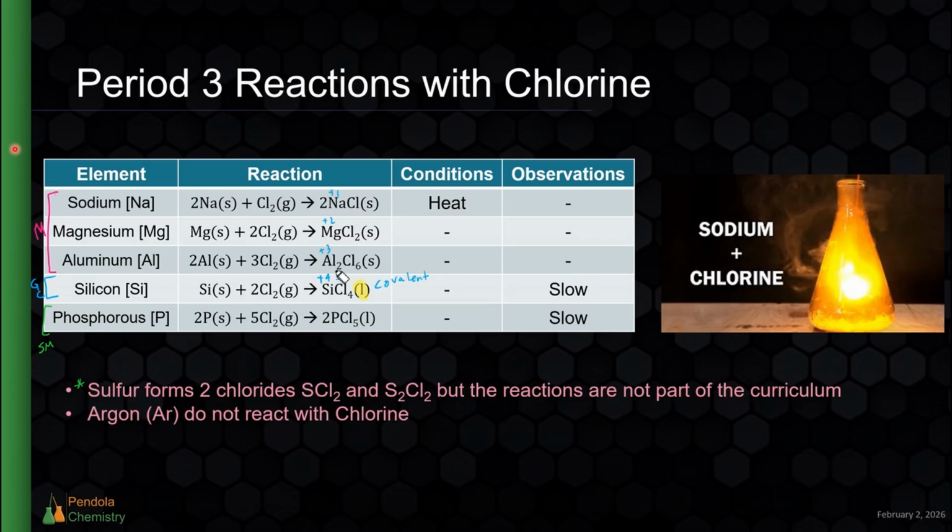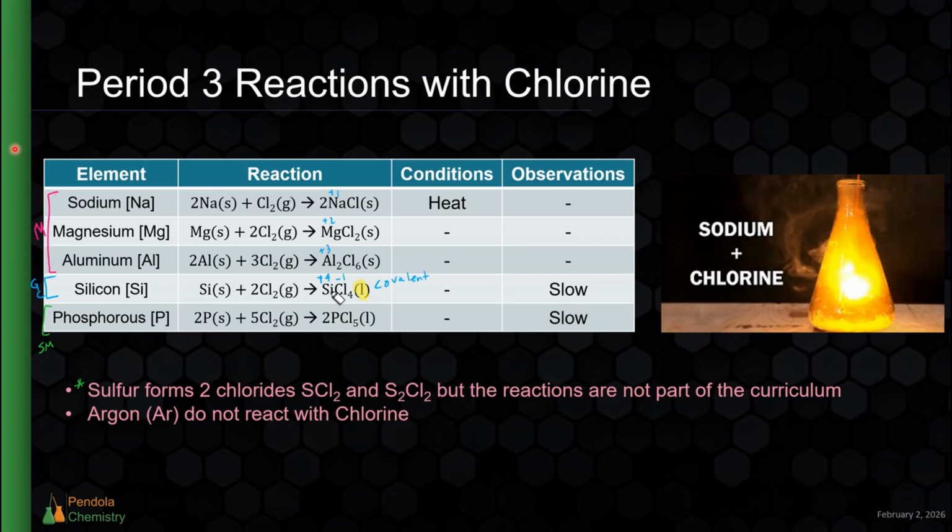But with a newer compound, silicon tetrachloride, which we have not seen before, it is important to point out that you do need to worry about these states of matter, because you might be asked to put them in. So knowing that silicon is a solid and phosphorus is a solid and silicon chloride is a liquid, you need to know those states of matter as well.